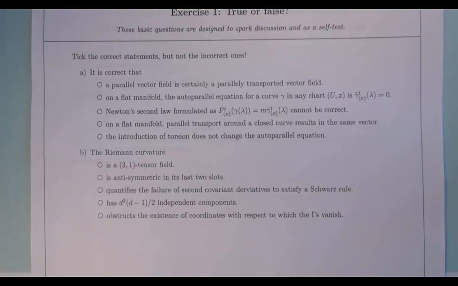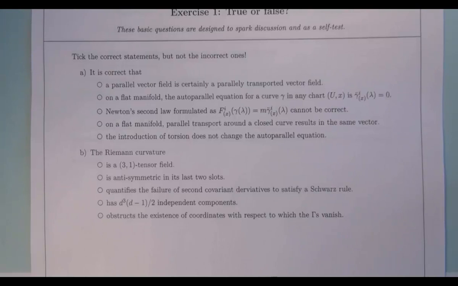However, this doesn't have to be the case in every chart of the atlas. We already saw an example for the flat manifold, namely the flat plane, and an example for a chart, the polar coordinate chart, where the gammas didn't vanish. And then the autoparallel equation doesn't read only gamma double dot i is 0.